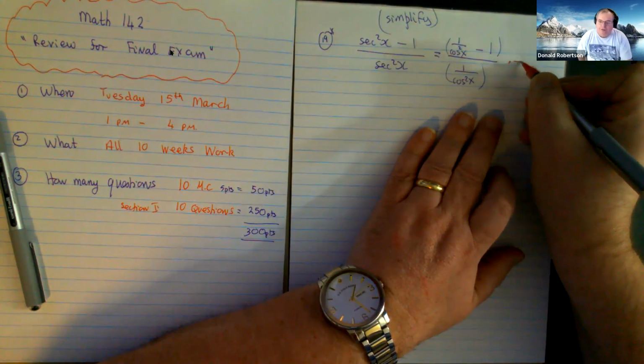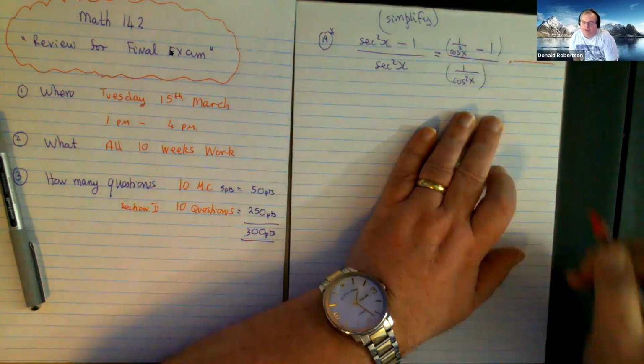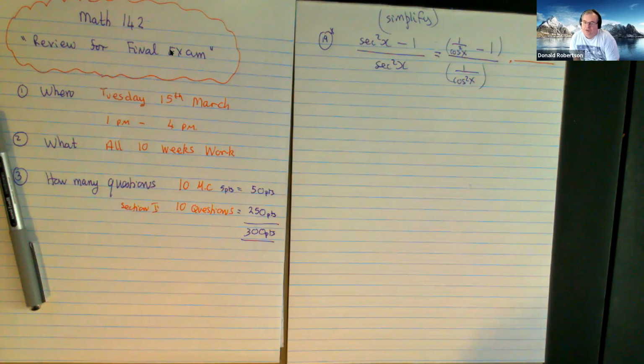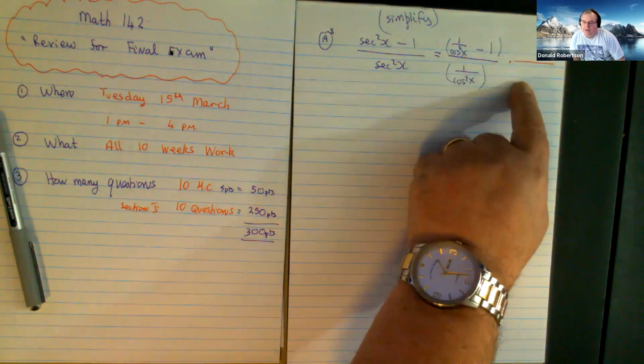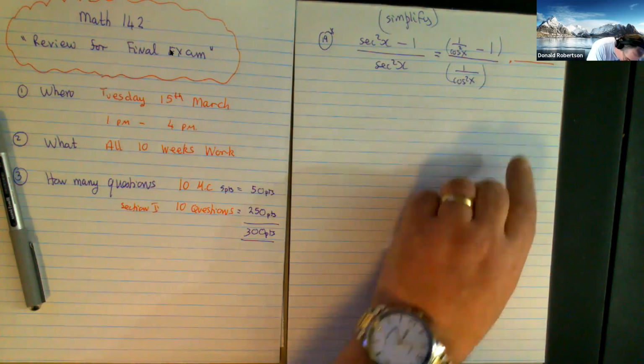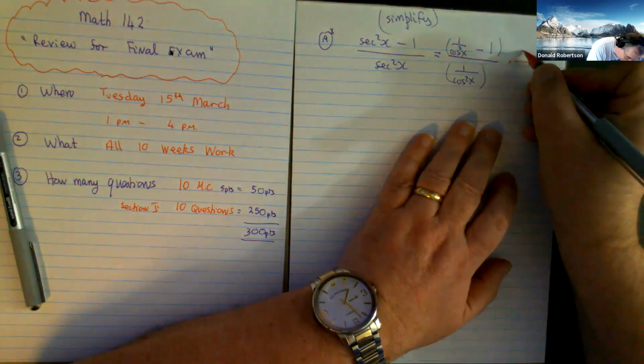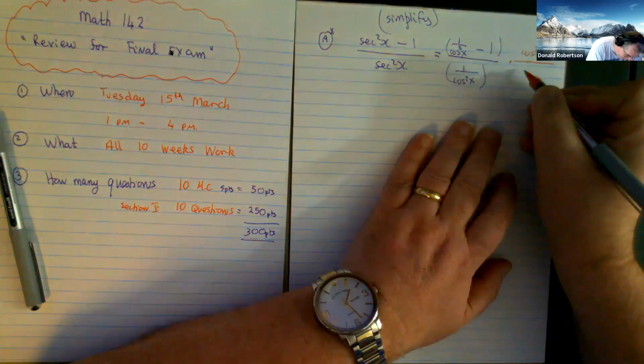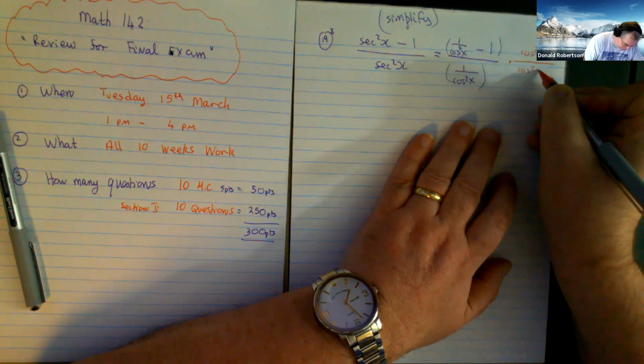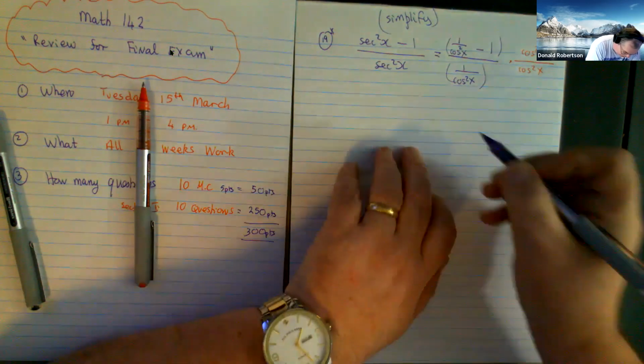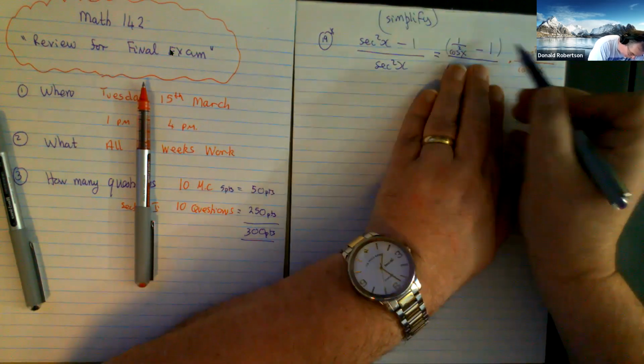So what you now do is you try and make your fractions nicer. And I'm going to do that by multiplying by a special version of 1. And the special version of 1 that I'm choosing is cos squared x. Now, if you multiply this guy by cos squared, you get 1.